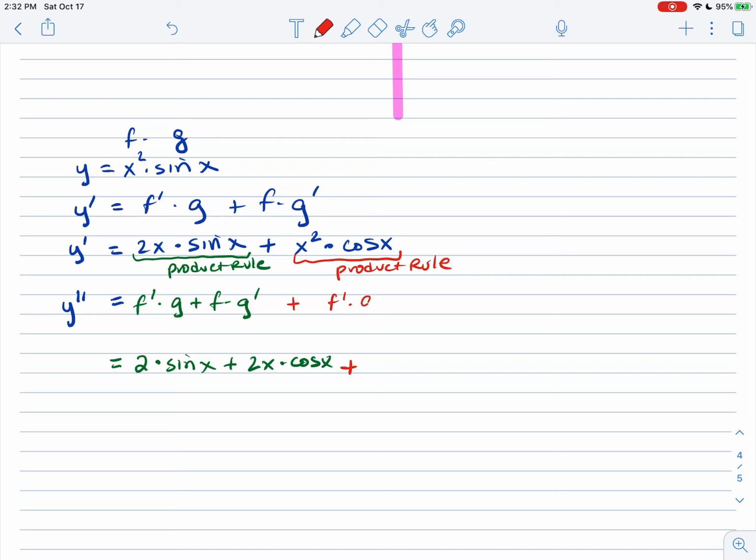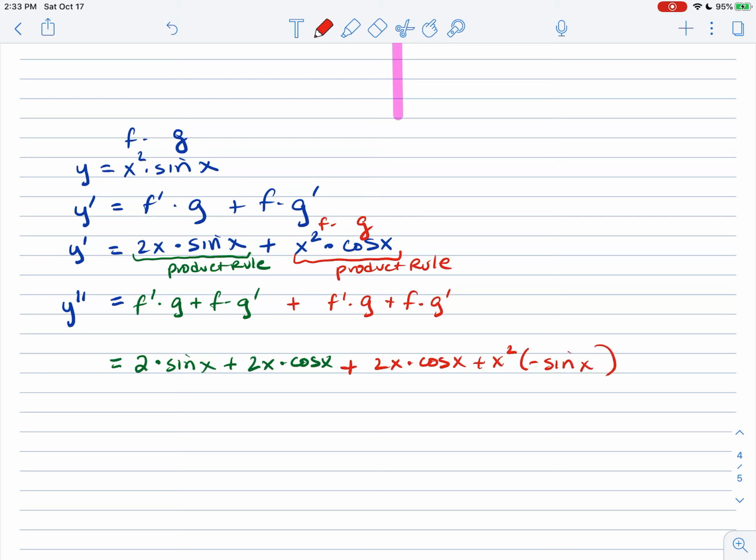And so this would be the derivative of the first times the second plus the first times the derivative of the second, where this would be my f and this would be my g. And so the derivative of the first there is 2x, and then we'd have times the second plus the first times the derivative of the second, and the derivative of cosine is minus sine.